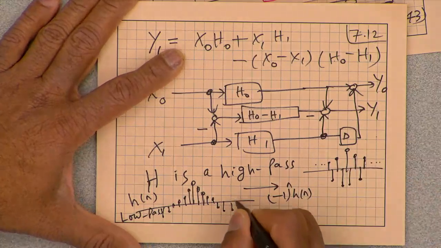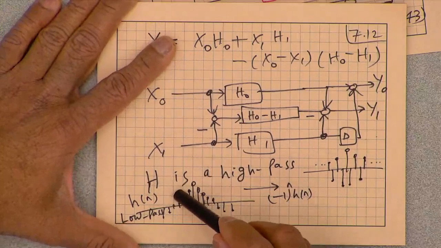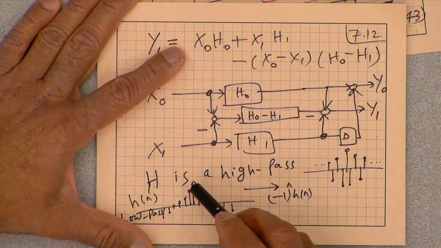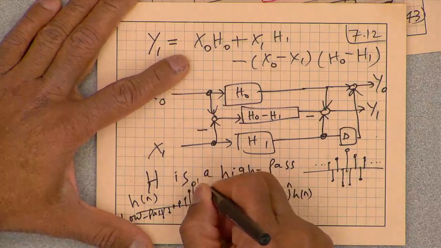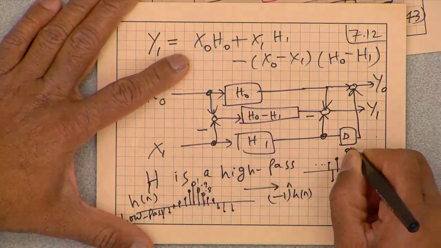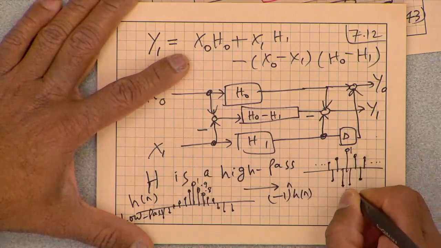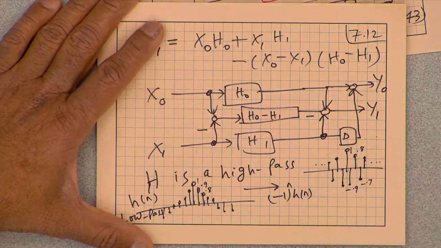So a low pass filter is a smooth filter where the signs of the coefficients do not change. Think about, let's say, this is 1, this is 0.9, this is 0.8, as an example. For the high pass, this is 1, this is minus 0.9, this is 0.8, minus 0.7, etc.